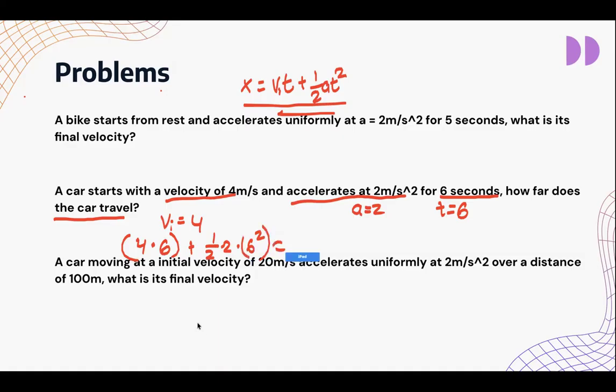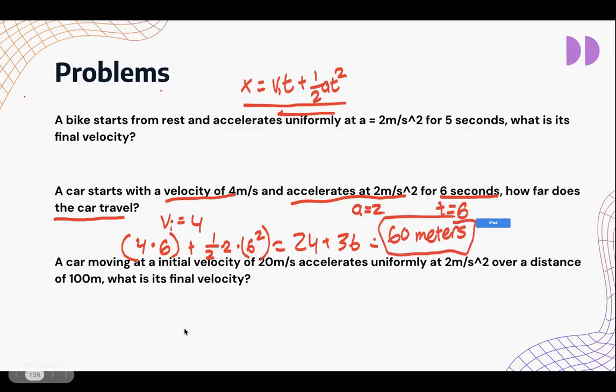I'm just going to go through this math pretty fast. 36 equals what, 60? So you get 60 meters. Do not forget your units. If you miss units, it's usually one free point gone. This question will probably only be worth 2 points, so you're only getting 50% of this question if you forget units.